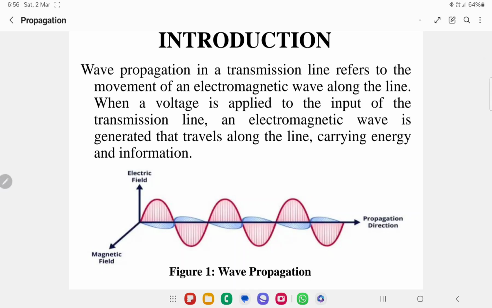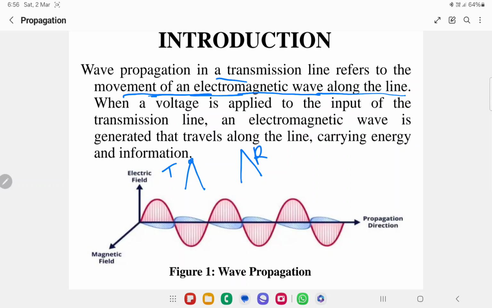Propagation in a transmission line refers to the movement of an electromagnetic wave along the line. As you can see, in case of transmitting any signal, suppose you have two antennas, one transmitting and another receiving.